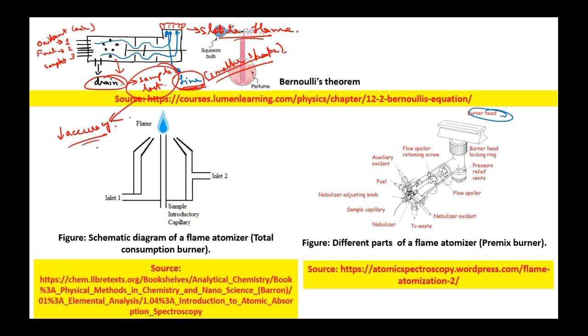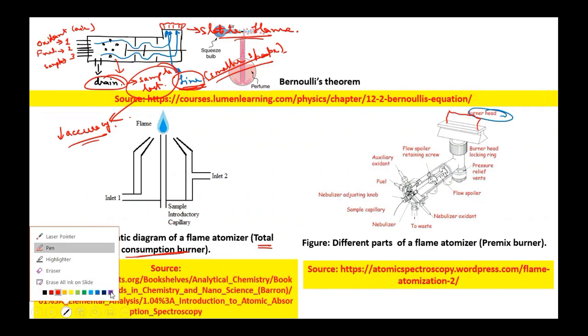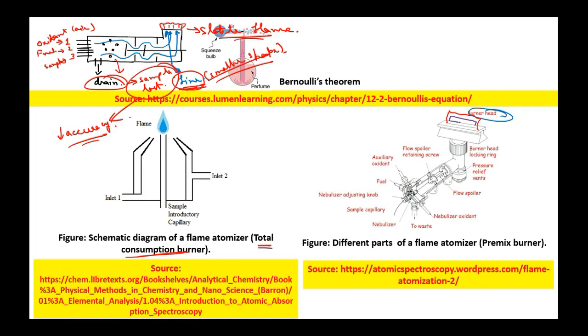Okay. So to compensate for this, if you see in the flame, in the first type of total consumption burner, we are using a very small part of the flame for the analysis. Herein, if you have this flame over here, we use a large window path length to capture as much information as possible.